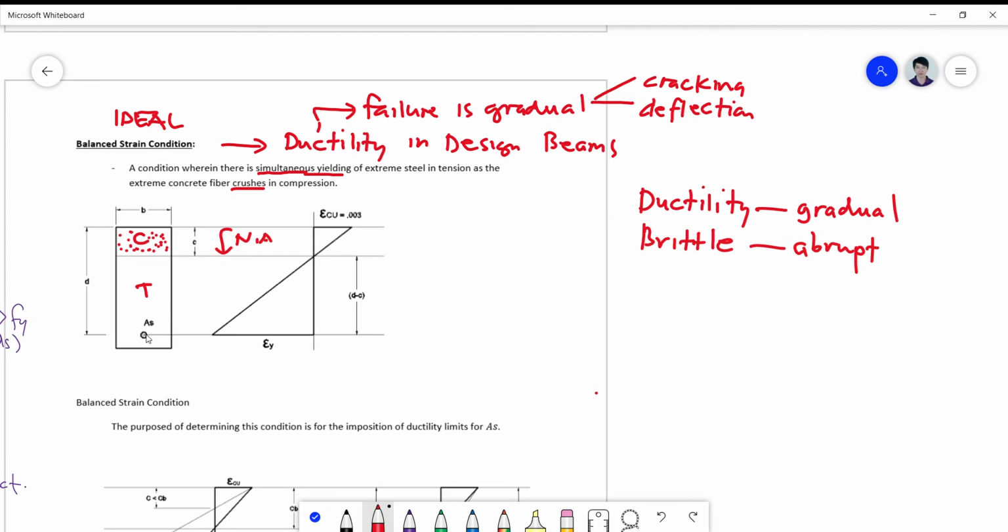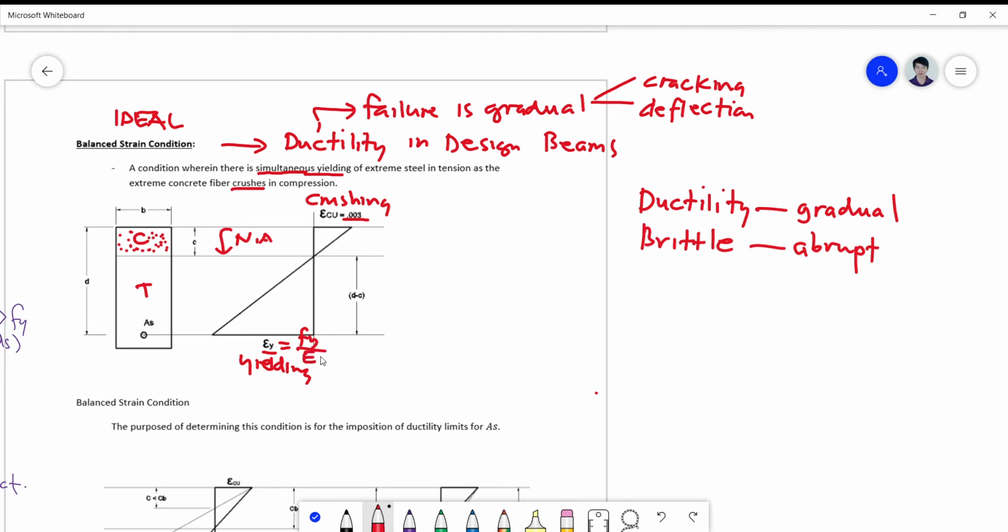But if there's steel here, the steel will carry all the tensile stresses such that it yields. So on this side there is yielding, and on this side there is crushing. And this simultaneously reaches its ultimate value as assumed by the ACI, which is 0.003, and epsilon y is normally obtained from the formula Fy over Es.